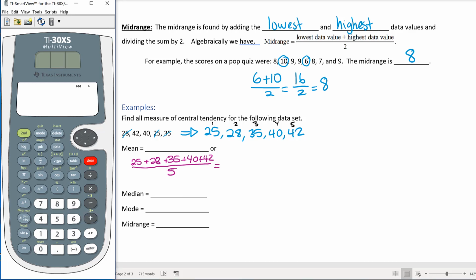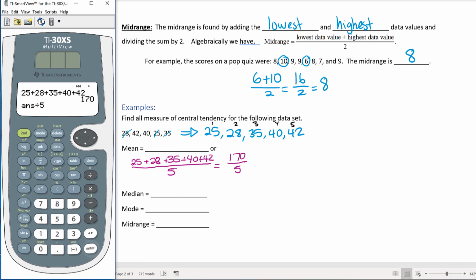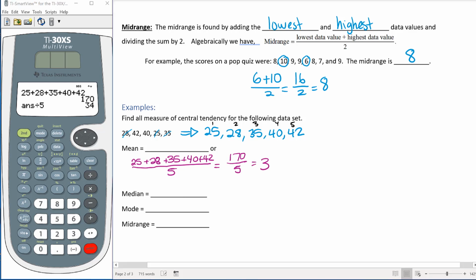I'll go to my calculator: 25 plus 28 plus 35 plus 40 plus 42 gets me 170. Then I divide that 170 by 5, and that's 34. So the mean is 34, or x bar is 34.